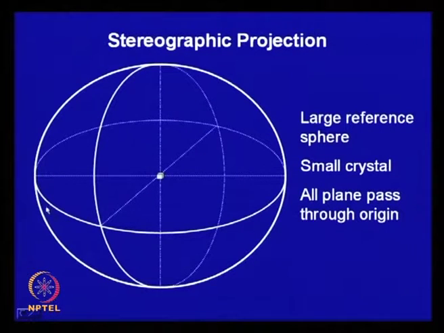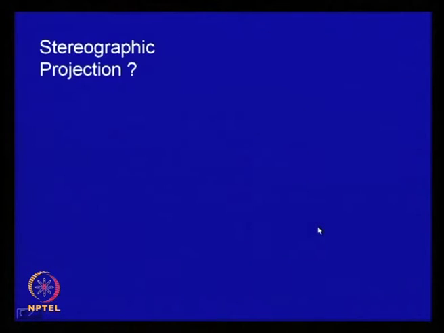This will intersect the reference sphere along these great circles. So, this is one plane, this is another vertical plane. So therefore, the list of assumptions are here. The reference sphere dimension is very large, the crystal is very small, so that all planes pass through the origin.